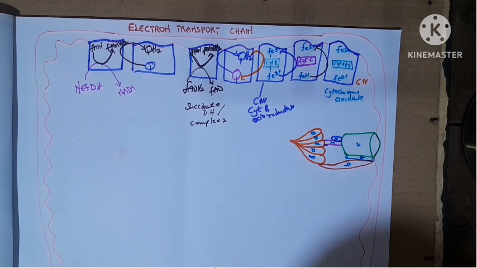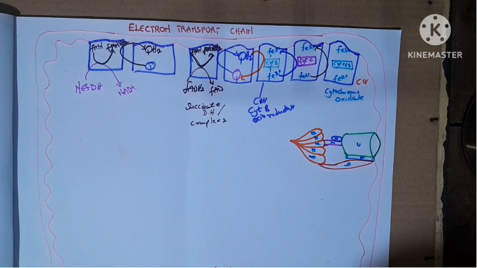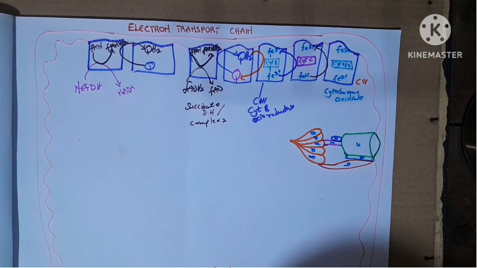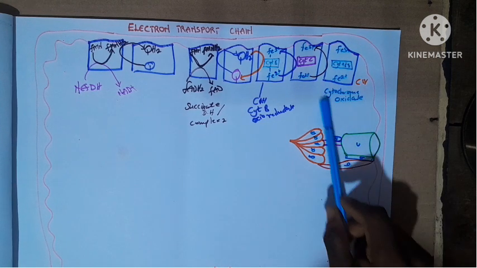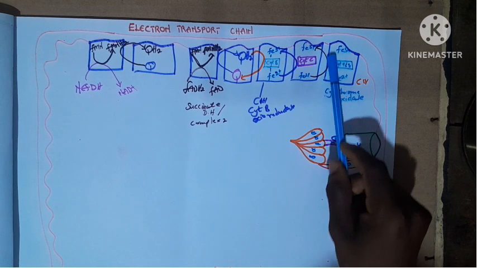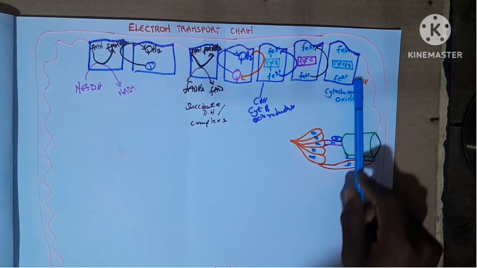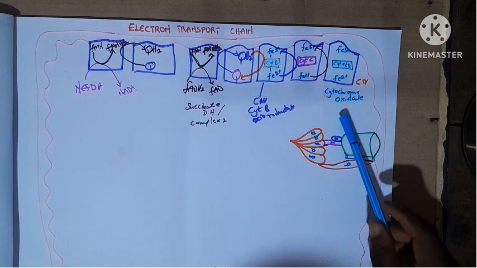So iron 2 means high energy levels, and iron 3 means low energy levels. Now in this cytochrome oxidase, iron 3 here is low energy level, and this iron 2 here is high energy level.